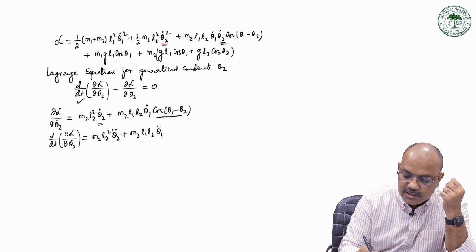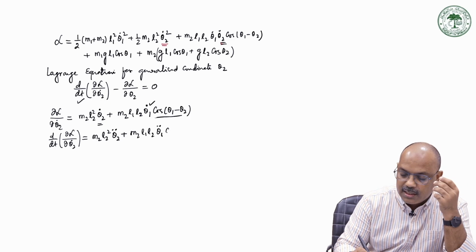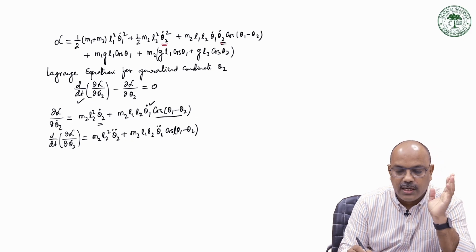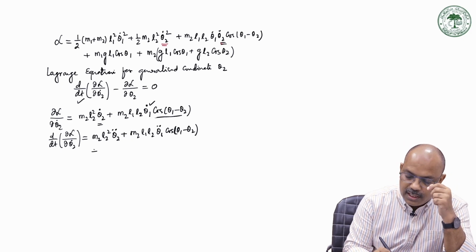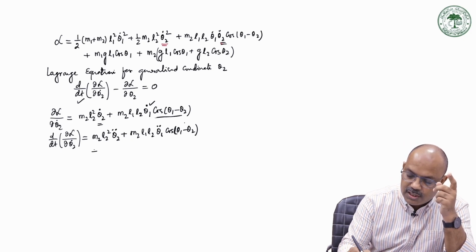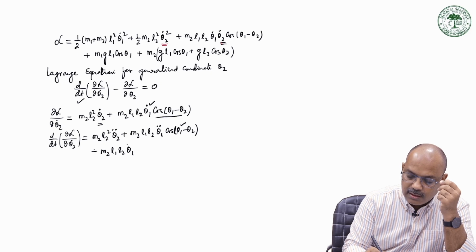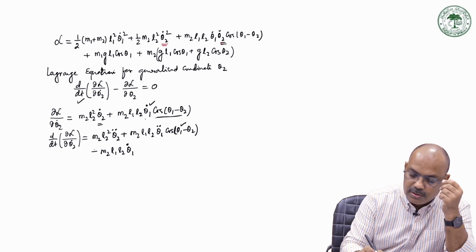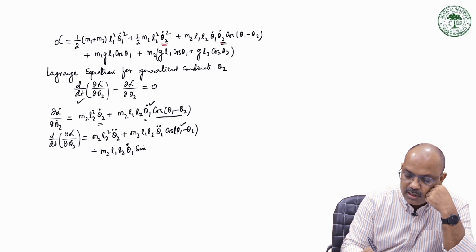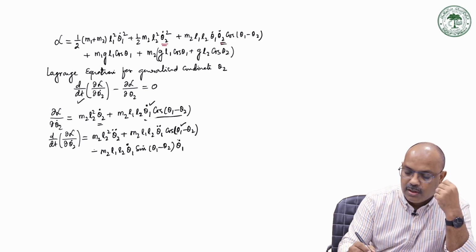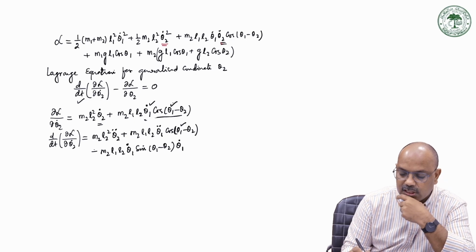First I'm going to have this for the theta 1 part, and then cos of theta 1 minus theta 2 is there itself. Now I have to look at this cos of theta 1 minus theta 2. If I do it with respect to theta 1, this is going to be negative: minus m2 L1 L2 theta 1 dot, not double dot, because we are concentrating here, times sine of theta 1 minus theta 2 and then theta 1 dot, because now I'm differentiating over theta 1.